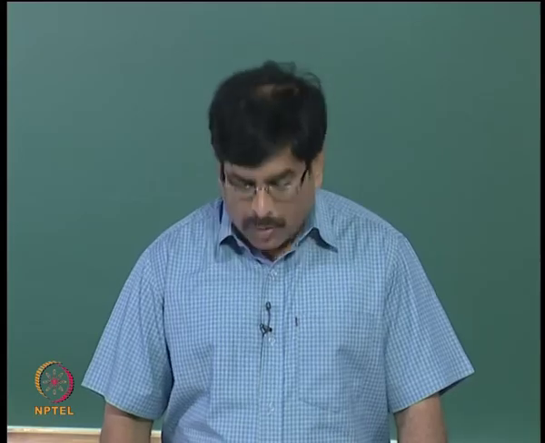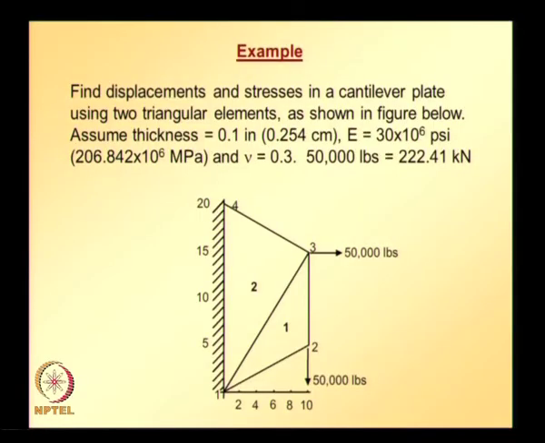Similarly, element 2 comprises nodes 1, 3, 4, again in the counterclockwise direction, and we also have the nodal coordinate information given, all the material properties, thickness and the load value. And please note that since we are using 3 node triangular elements, B matrix is going to be constant for each of these elements.